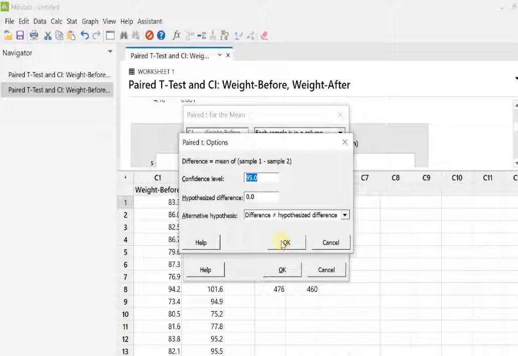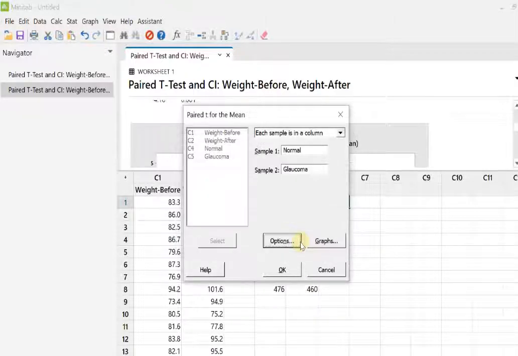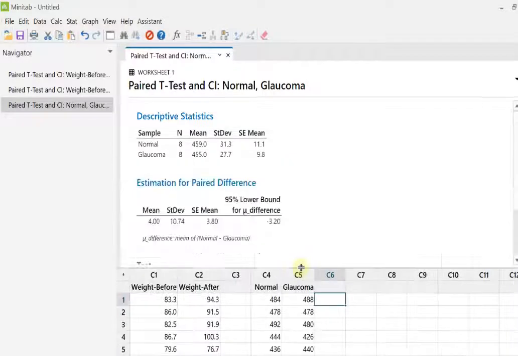So let's do our hypothesis test. We want to say the healthy eye has thicker corneal thickness. So that means the difference was positive, right? Greater than. Okay. And there you go. And this is what this hypothesis test is.